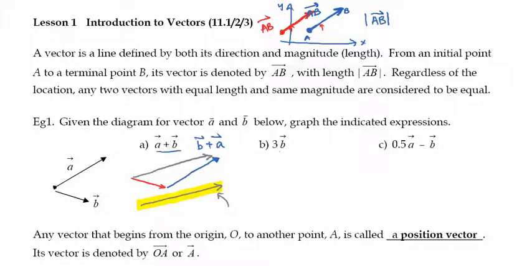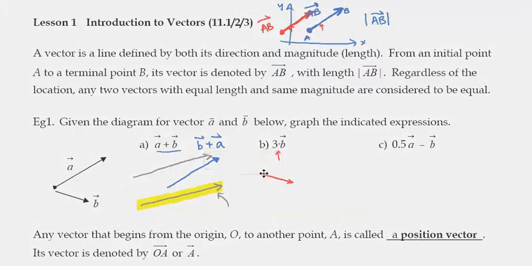When it comes to multiplication, like 3 times vector b, that's basically the same as using vector b once, and then using it again.